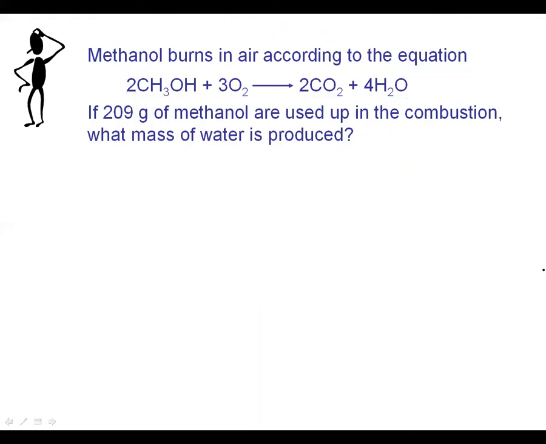Okay. So why don't we try one more, and we'll use the same equation. We won't do the same problem, obviously. Let's say that we started with 125 grams of O2.